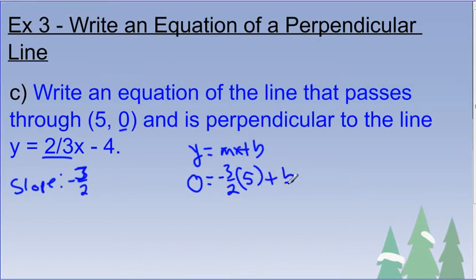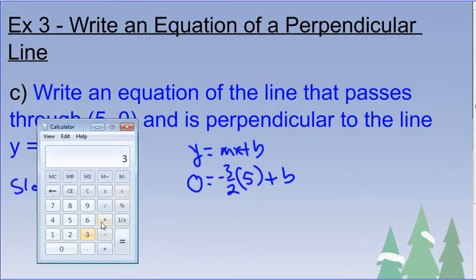So let's do this. 3 over 2 times 5. It's going to give us negative 7.5. 3 times 5 divided by 2, and it's negative.